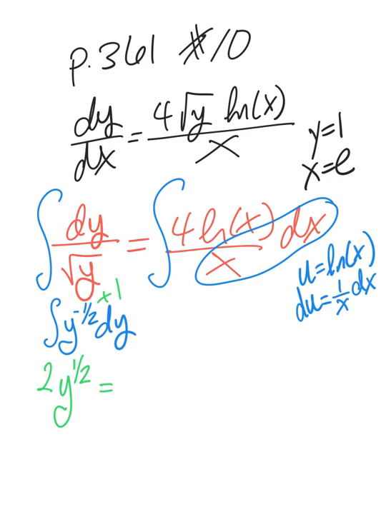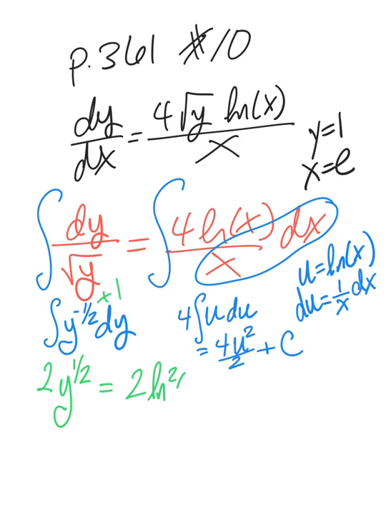So the 4, just keep the 4 there. Then it's the integral of u du, which is 4u squared over 2 plus c. Well, 4 divided by 2 is just 2. u squared is going to be the natural log of x squared plus c. That is our antiderivative.